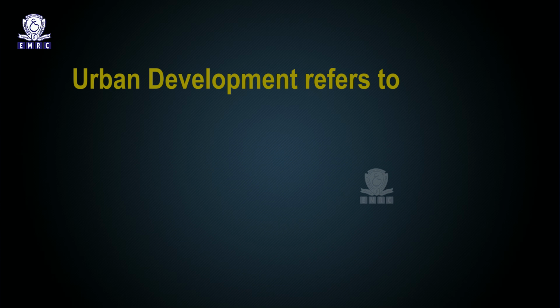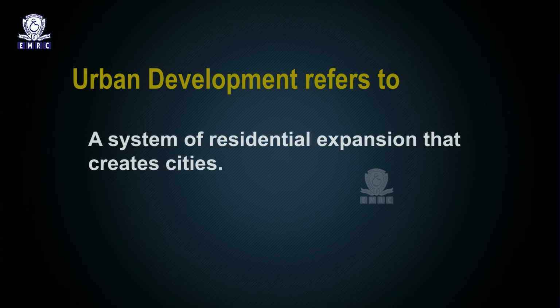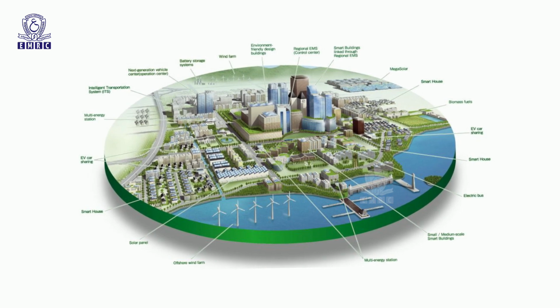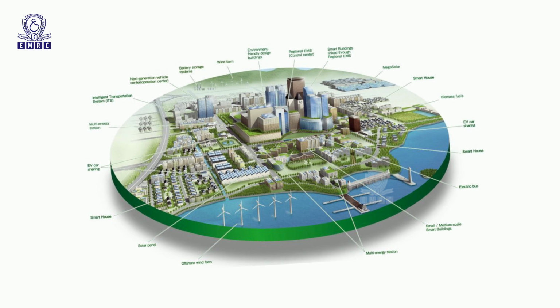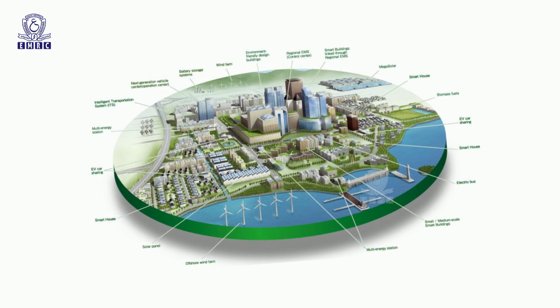Urban development also refers to a system of residential expansion that creates cities. Residential areas are the primary focus of urban development. Urban development occurs by expansion into unpopulated areas and the renovation of decaying regions.